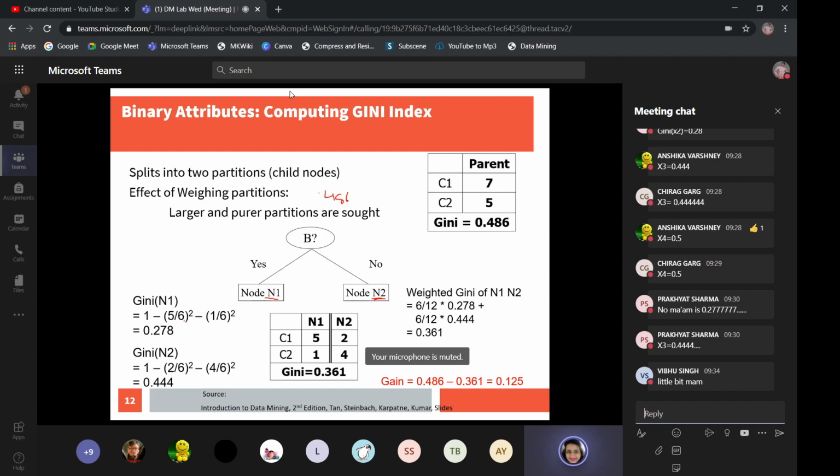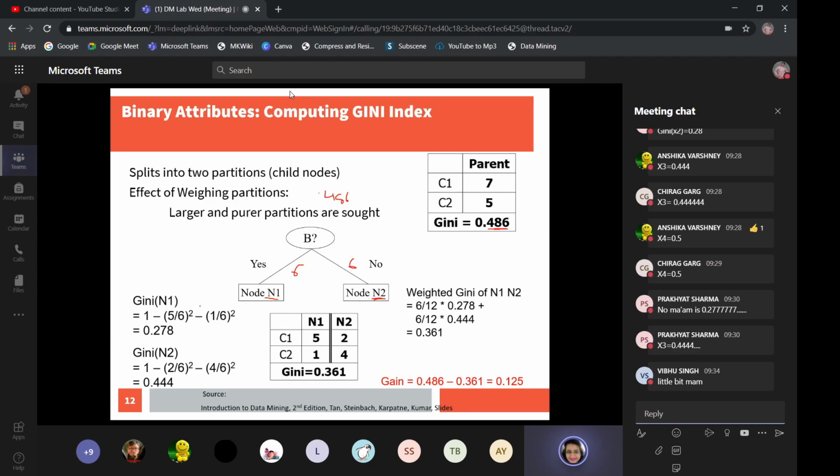At the parent you had 12 records, and you got 0.486 as the Gini index. Out of these 12 records, 6 belong to the yes class and 6 belong to the no class. You are deciding whether we should be using this as a split.